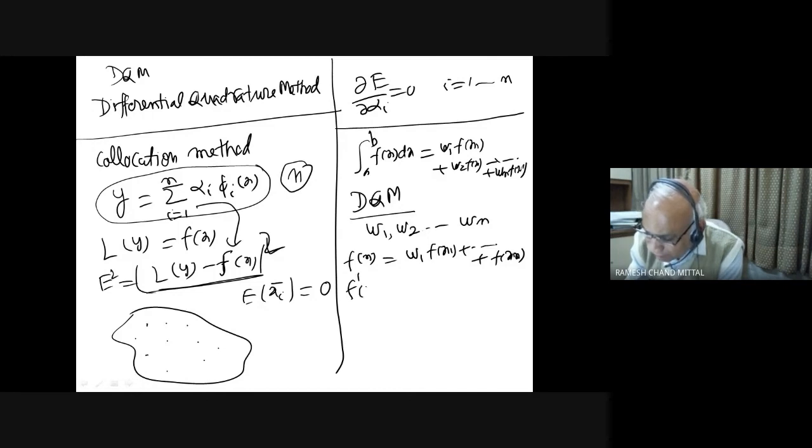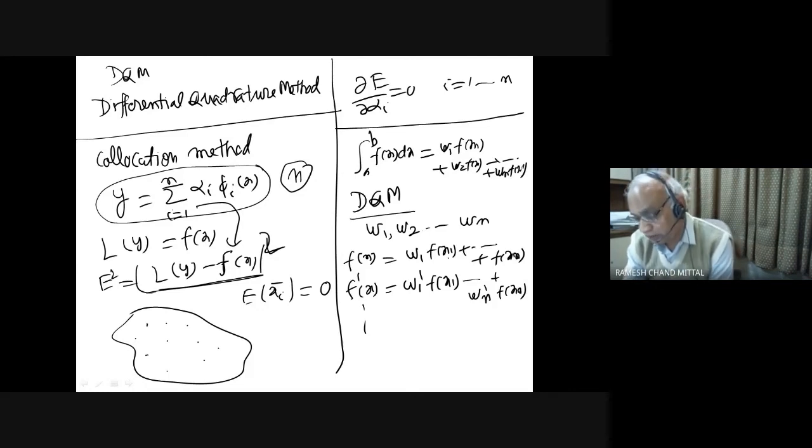And then f prime(x) is given by different weights, w1 prime up to wn prime, for your derivative. So my first derivative can be written in terms of the same base points, and I have to find these weights.